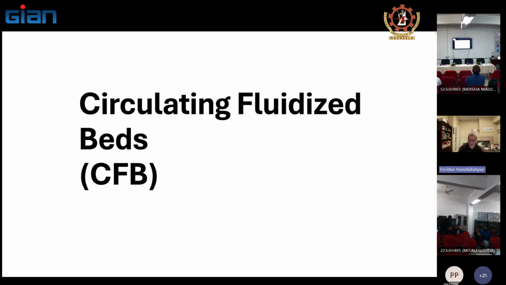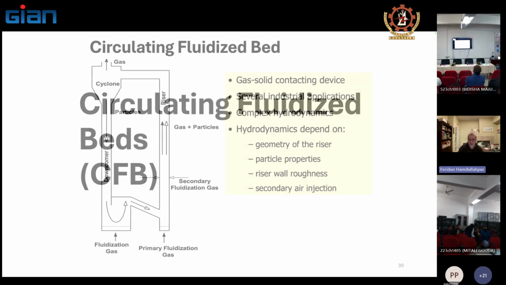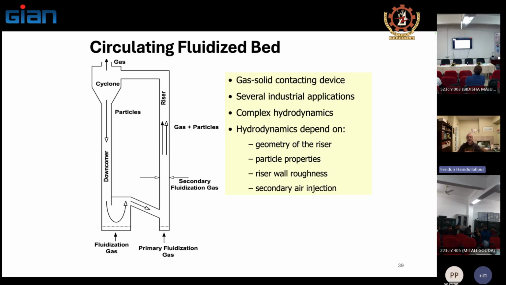So later on, as I mentioned, the circulating fluidized bed concept came in, replacing most of the bubbling beds. A very simple characterization here. This is the bed, okay? And this is what we call the riser section of this entire CFB unit.